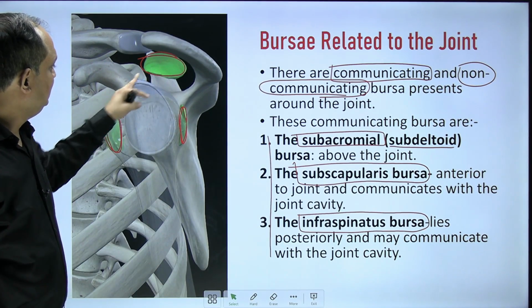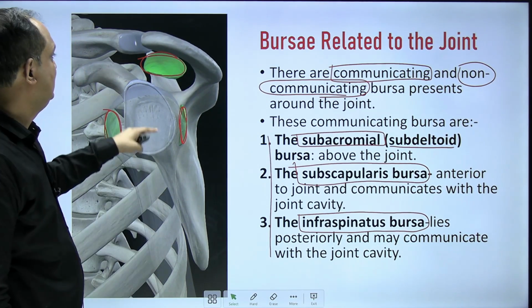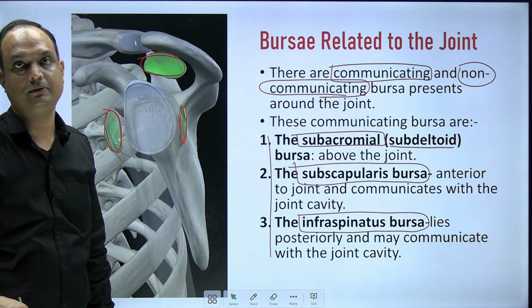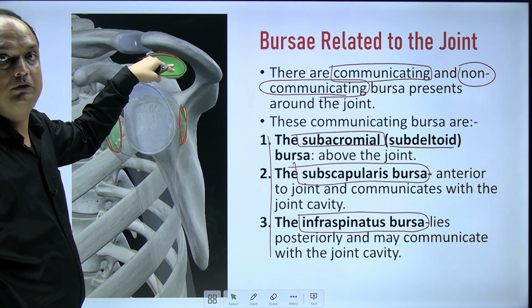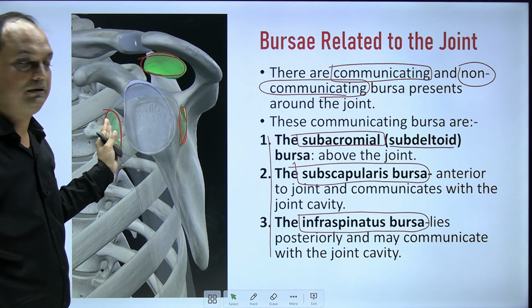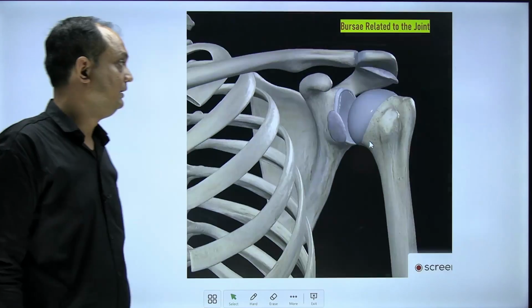Basically all these bursae are here to avoid friction between the joint and the surrounding structures during movement of your shoulder joint. So what are the communicating bursae? In the upper part you have the subdeltoid or subacromial bursa. In the anterior part you have the subscapular bursa. In the posterior part you have the infraspinatus bursa.